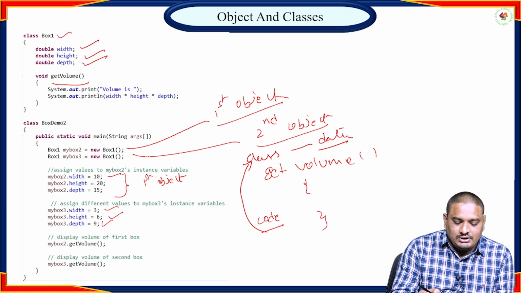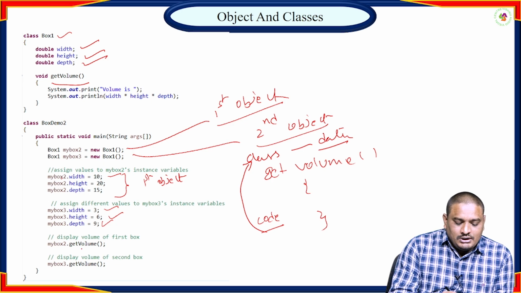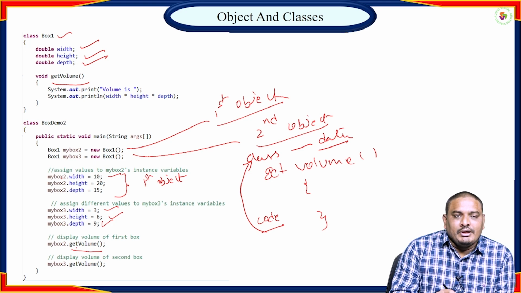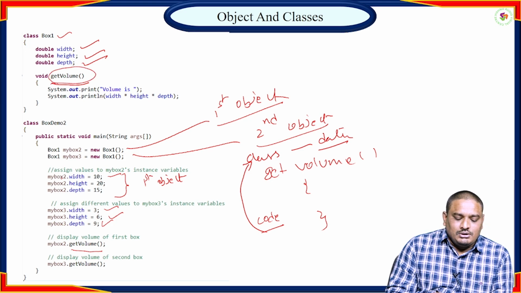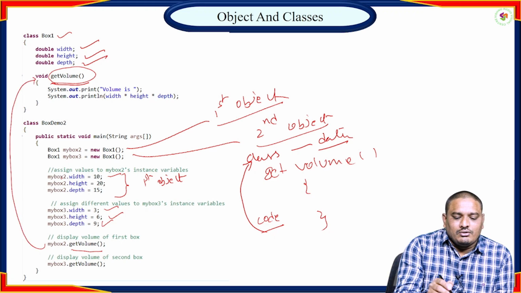Here we can find out the volume of the first object: myBox2.getVolume(). This method will be called from the getVolume method. This is for this one.